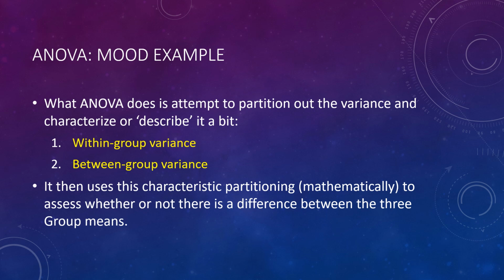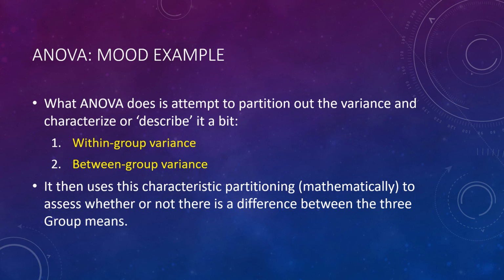Within group means we're talking about the random variance that occurs inside an individual group. Remember, you've got 3 or more independent groups, and within group variance is all the variance happening inside an individual group. This is that random variance that can occur.